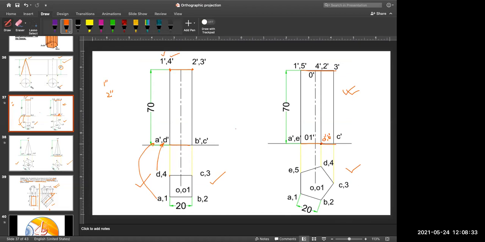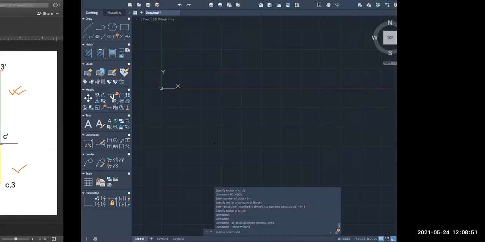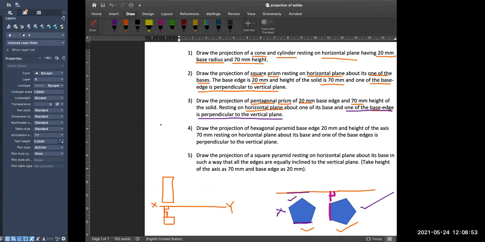At this corner it will be like that, and this vertex O and O1. O is on the top face, the center of the top face, and O1 is the center of the bottom face. That you can see here in your top view. So this is the explanation for your question number 3.